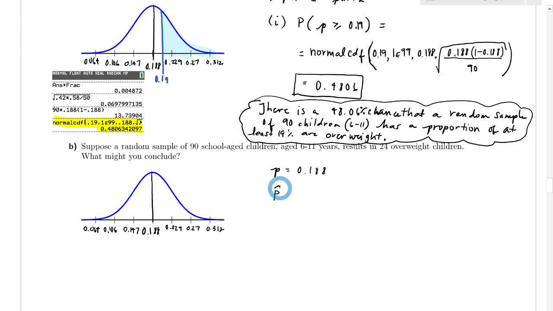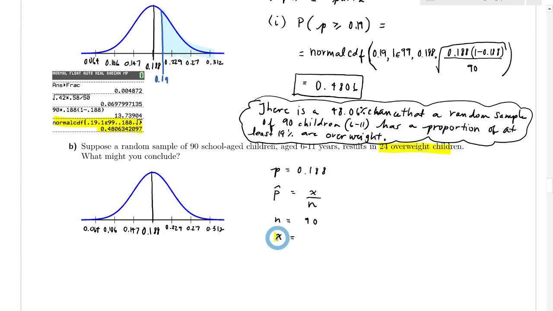And then 24 overweight children, well, okay, so I know that my p is 0.188, right? I do know that p hat can be given as x over n, where n is given to be 90. So I'm looking at specifically out of the 90 children I selected in my sample, how many have the characteristic that they're overweight?